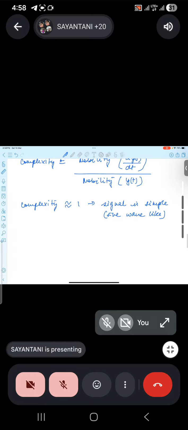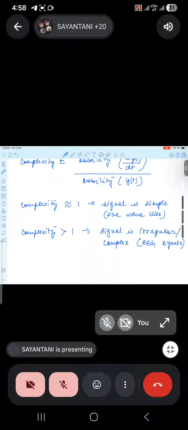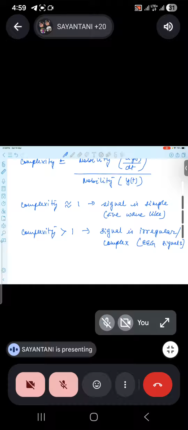But if the complexity value is greater than 1, that means the signal is irregular or very complex, which is of course the case for EEG signals. Because for real time EEG signals, the complexity can never be close to 1. It is always greater than 1. Okay. So this is all about the mathematical part and the basic things Zort parameters cover.